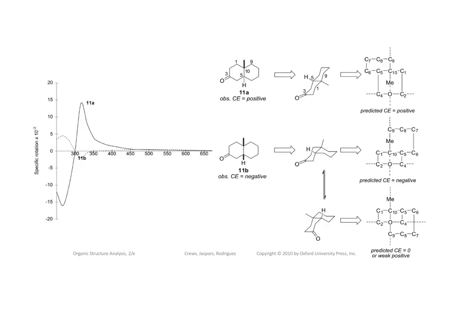This is a representative problem with 2 diastereomers of octalone. The trans-fused octalone 11A gives a positive Cotton effect, whereas the cis octalone 11B gives a negative Cotton effect with smaller magnitude.